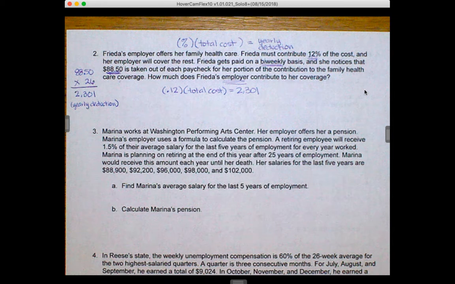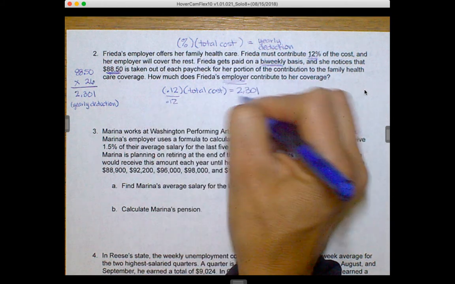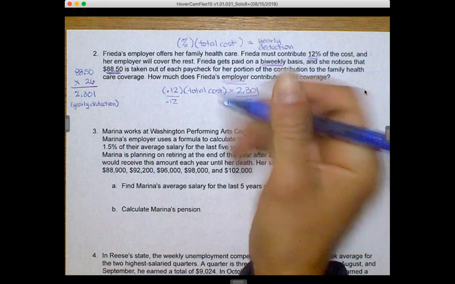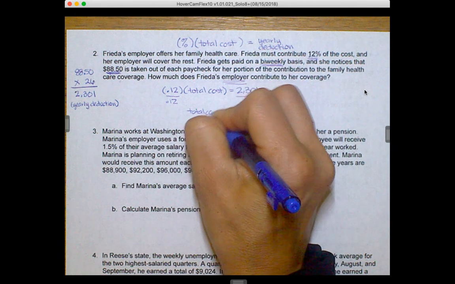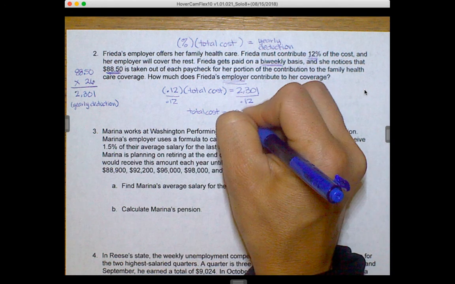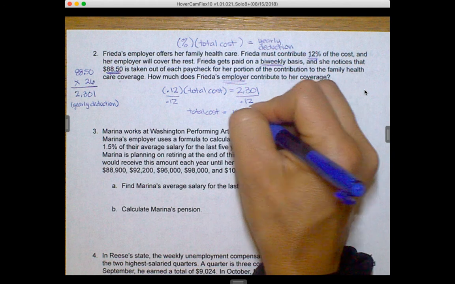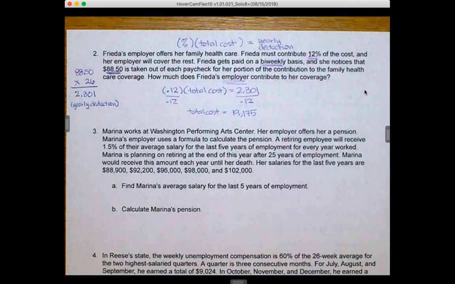So I'm going to divide by 0.12 on both sides. And when I do that, I'm getting that the total cost of her health care is $19,175. This is how much her health care costs.